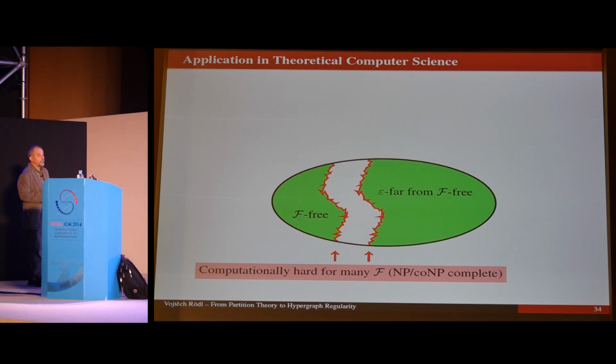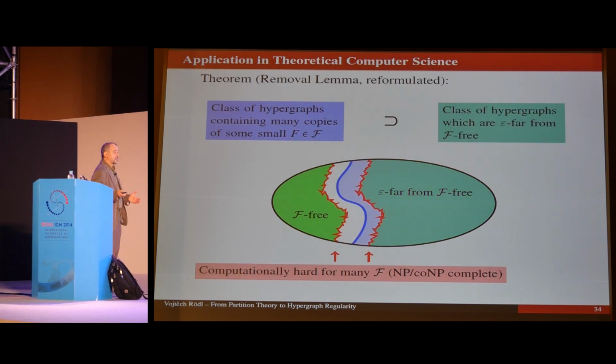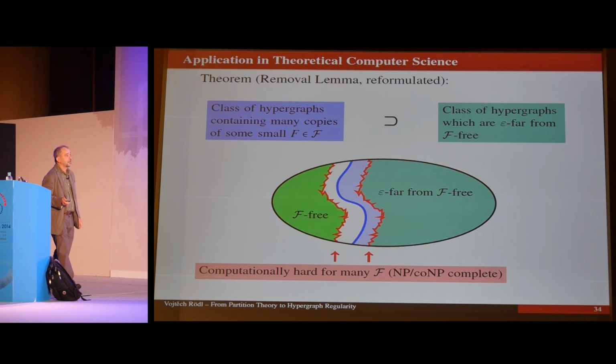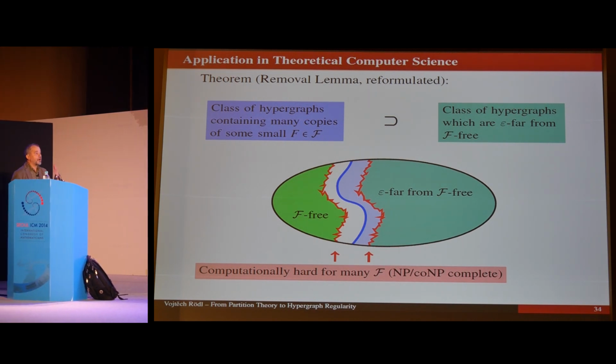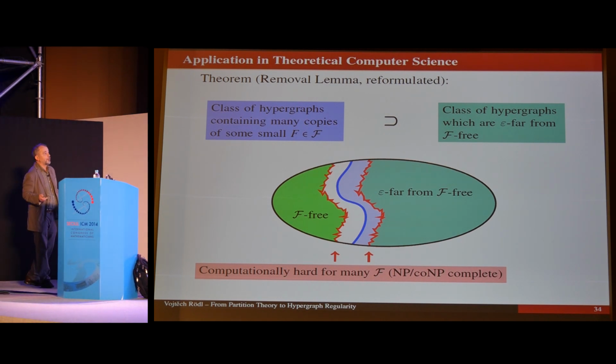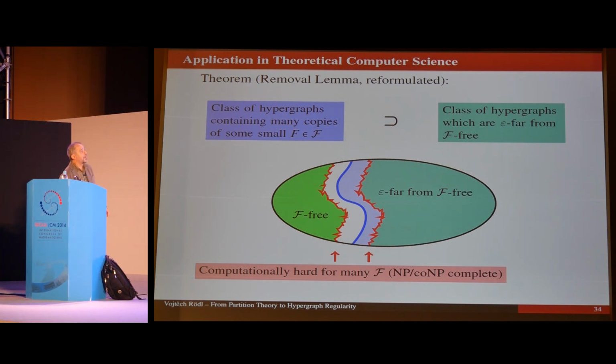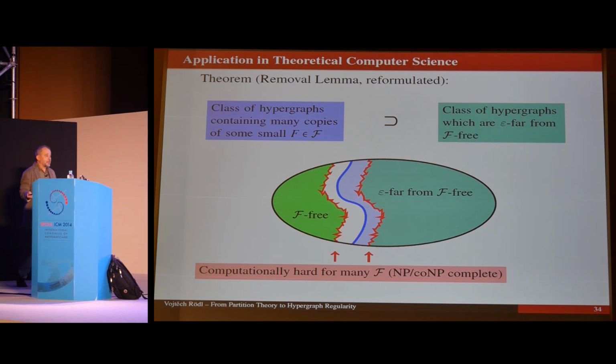So what the infinite removal lemma now tells us is that there is a simple separating line between the two classes. Namely, the class of those which are epsilon-far from being F3 is contained in the class of hypergraphs that contain many copies of some small f. And because it's small, it's simple to decide.